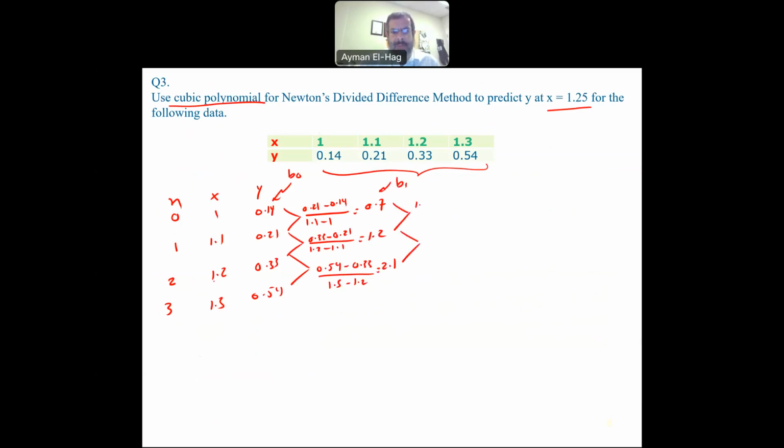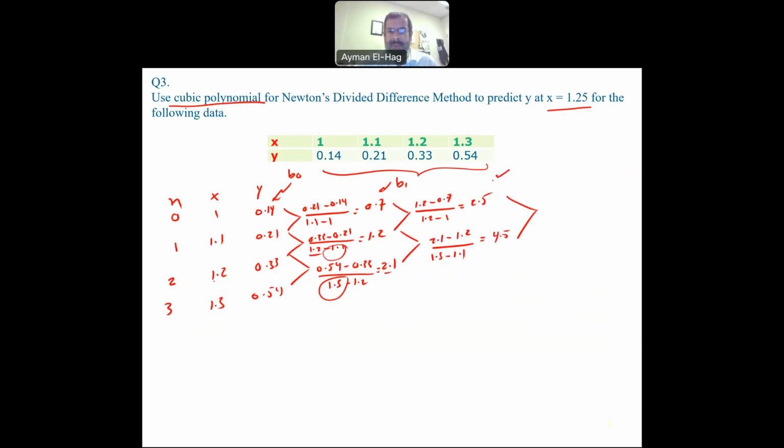So this is 1.2 minus 0.7 divided by 1.2 minus 1, and this will give me 2.5, and then this is 2.1 minus 1.2 divided by 1.3 minus 1.1, and this will give me 4.5.